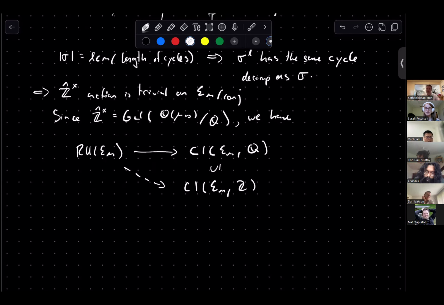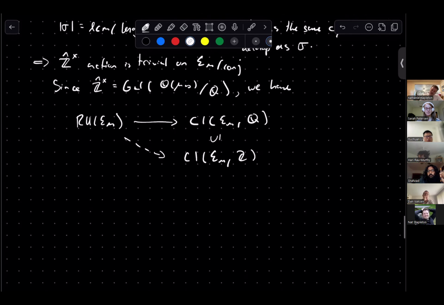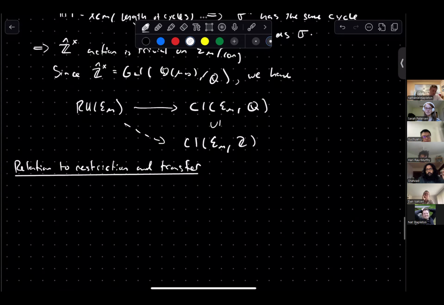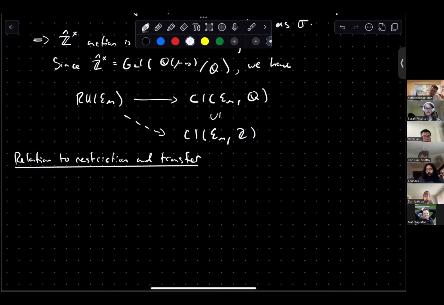Okay, so those are the two examples that I wanted to talk about. And next, I would like to jump into the relationship between these character maps and restrictions and transfers. So let's start with restriction.